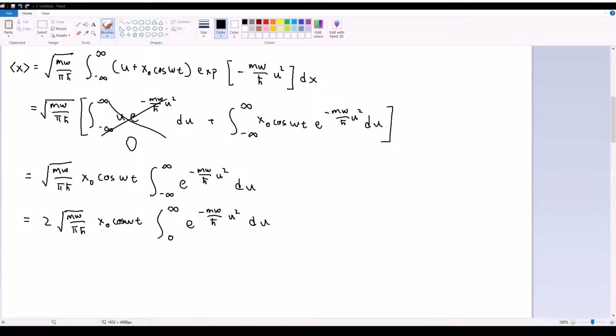For my purposes, I'm just going to shove this into an integral calculator: e to the power of negative m omega u squared over h bar with respect to u going from 0 to infinity.